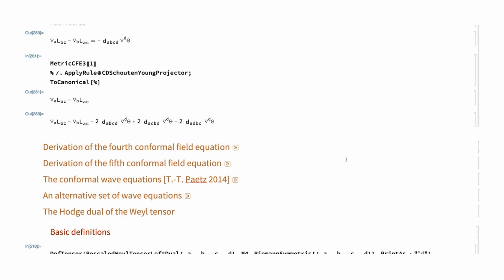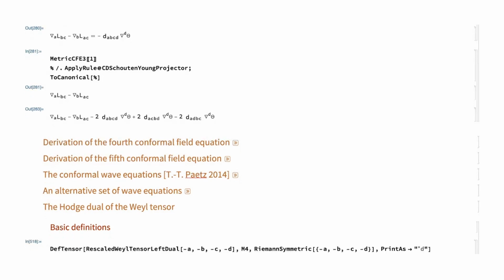It turns out that from the equations I have shown you, you can derive wave equations for the basic fields. This involves more heavy computer calculation, where you have to apply covariant derivatives and commute many times, and this can be done in a very clean and effective way here, right?